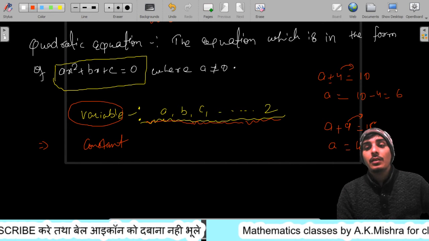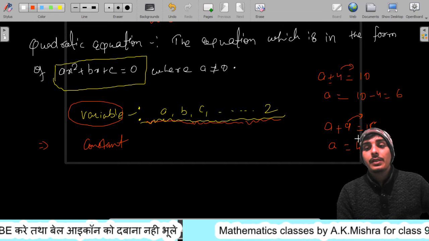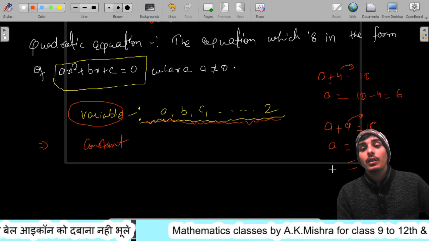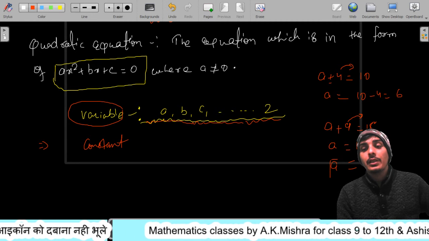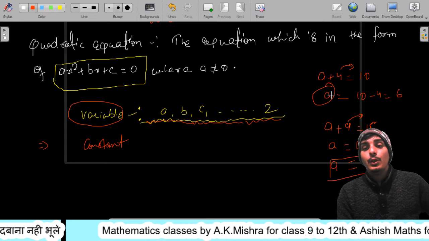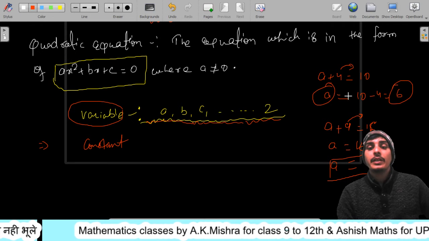Plus 9 is converted into minus 9, and you will get the value of a equal to 7, right? So this variable's value is not fixed, right?